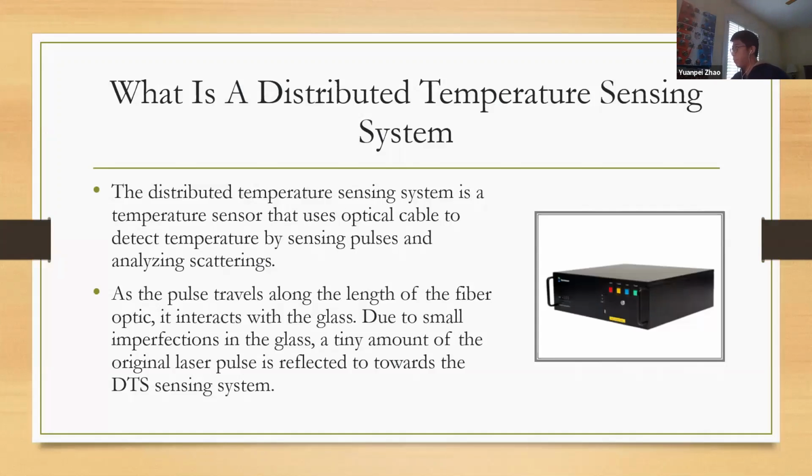As my father said, in this fire system we're going to use the distributed temperature sensing system. It's a temperature sensor that uses optical cable to detect temperature by sensing pulses and analyzing scattering. The sensor sends a pulse into the optic cable, it travels down inside the optic fiber, and then the backscattering goes back to the sensor, and the sensor analyzes the data and shows it.